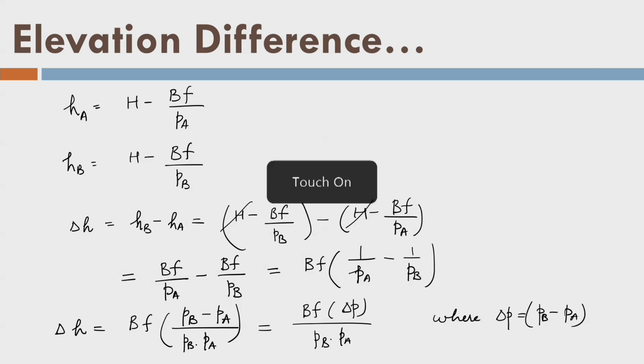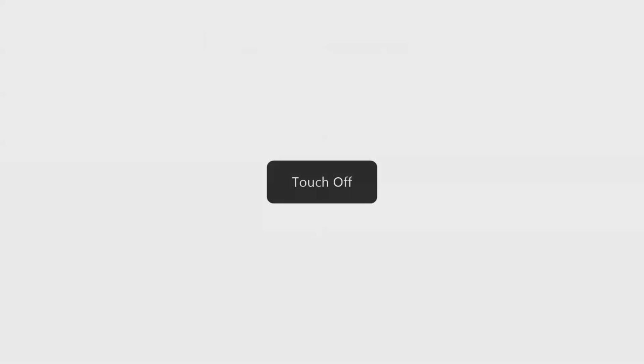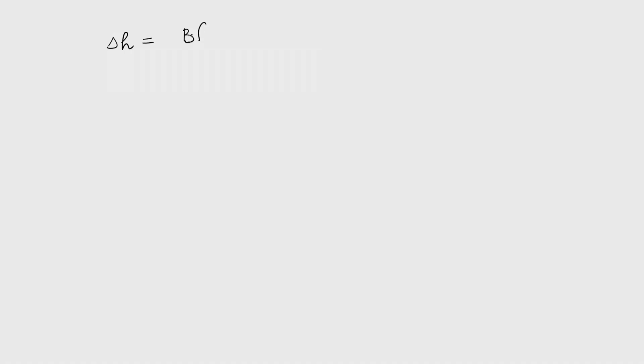Right. Okay. So, I got a formula where I write delta H in terms of the parallax difference and parallax values. I am writing it again as delta P. So, you see how delta H is a function of delta P, that is, the height difference is a function of the parallax difference.